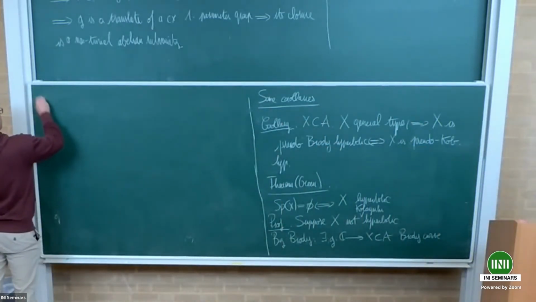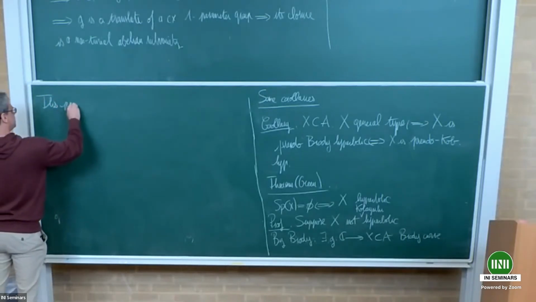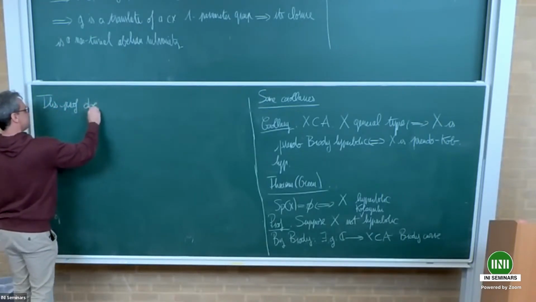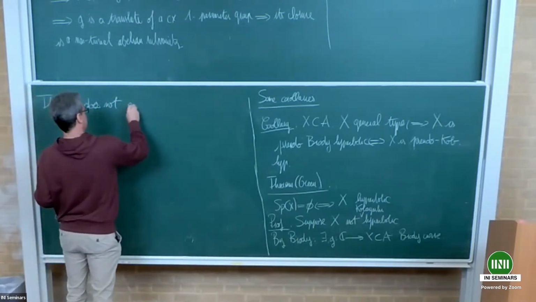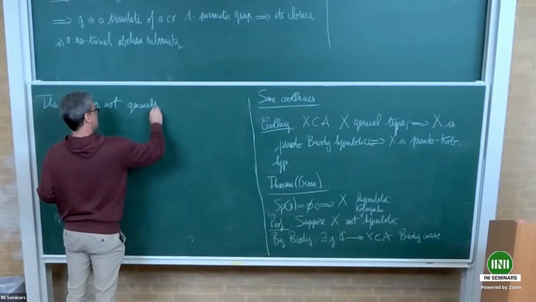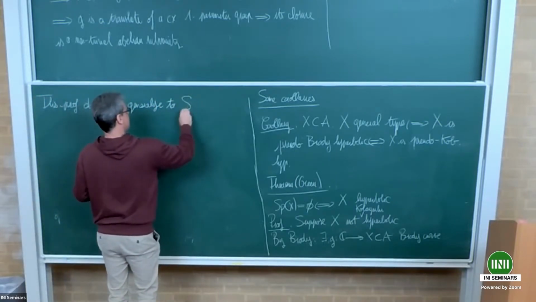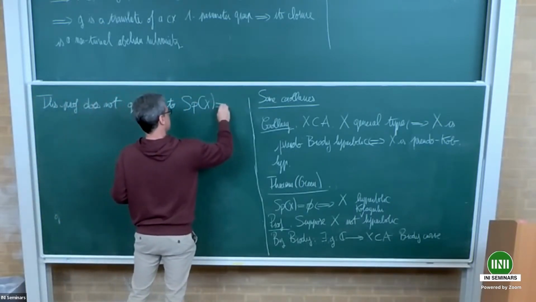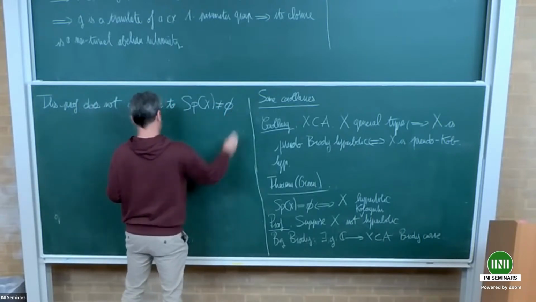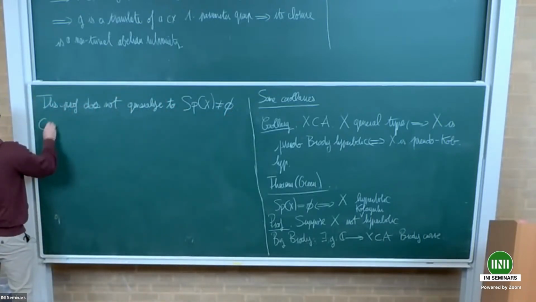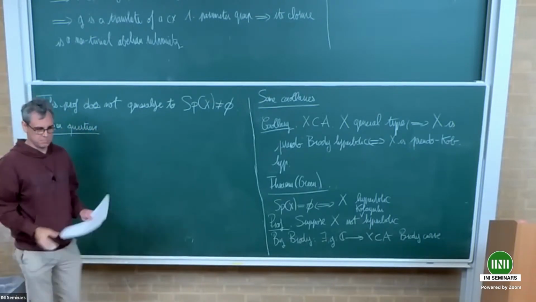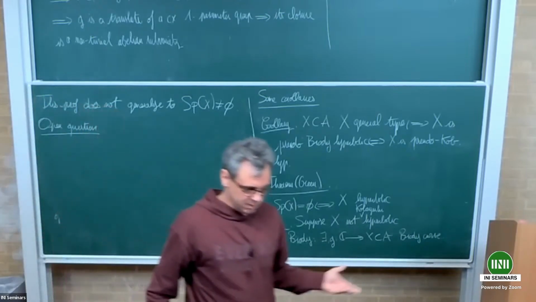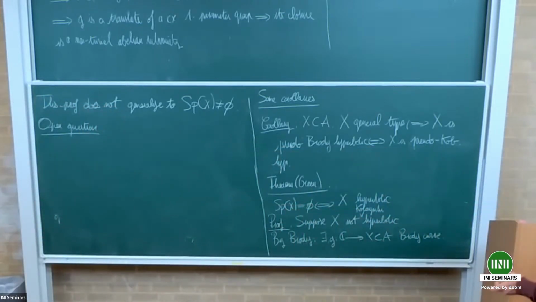So important is that this proof does not generalize, at least with the tools we have now, to a non-empty special locus. Because of the following open question, which is a very simple question, but the answer seems to be very difficult.